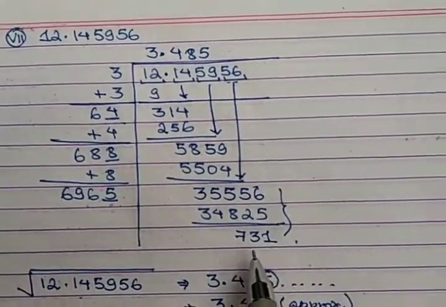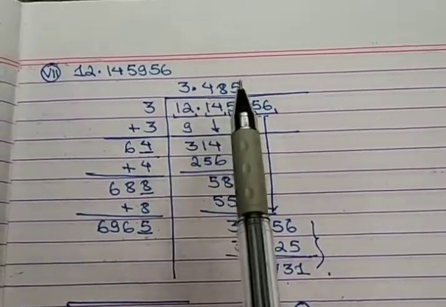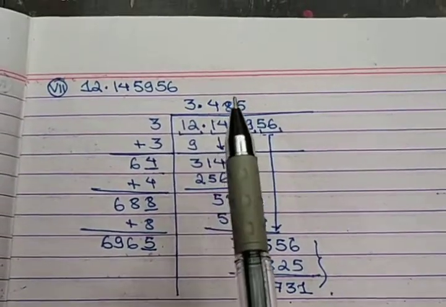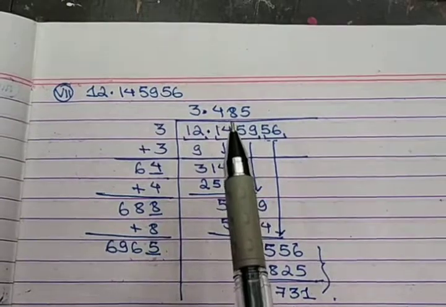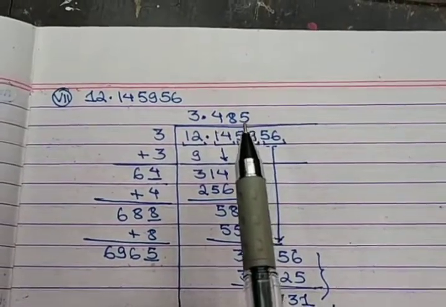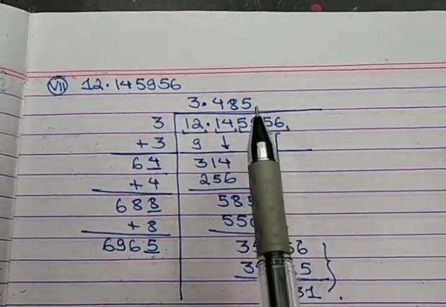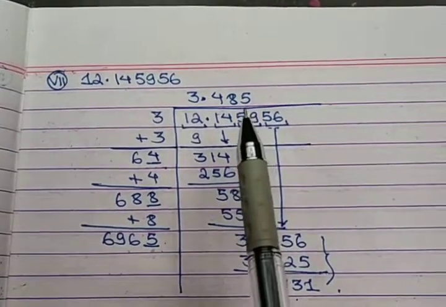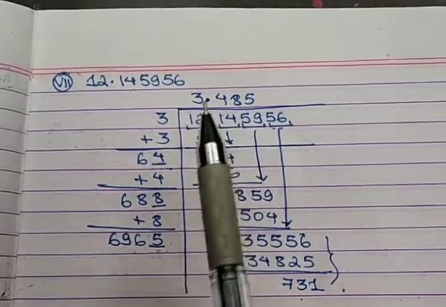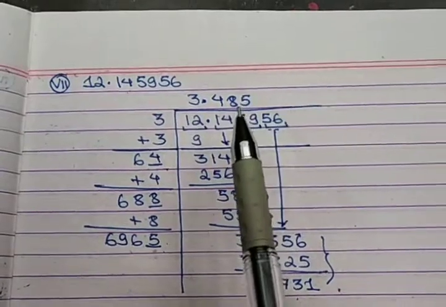Remember, our task was to find the square root of a given number correct to 2 decimal places, and I told you that in order to do that we need to check the third digit, whether the third digit is 5 or greater than 5, or 4 or less than 4. For 4 or less than 4, we don't need to do anything; we keep the digit as it is.